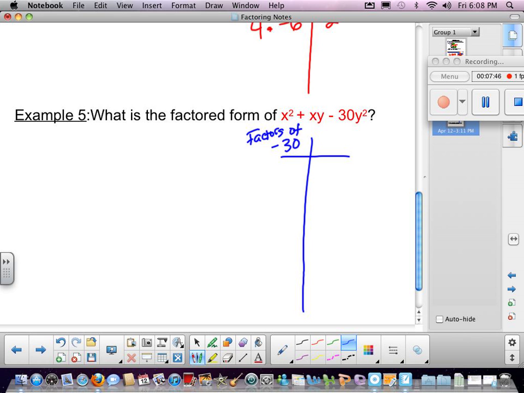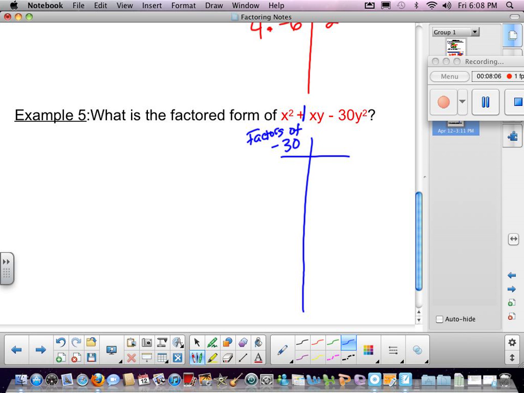The c term, we're just looking at negative 30. We're not going to worry about the y squared right now. And we want it to add up to give us 1. There is a 1, even though it's not written there. It's understood that the coefficient of xy is 1, so we need them to add up to positive 1.